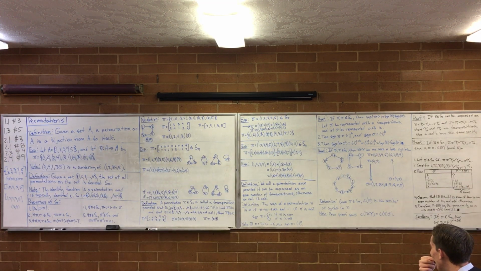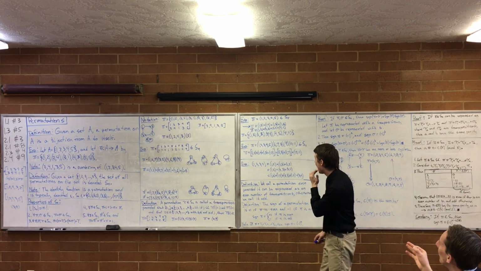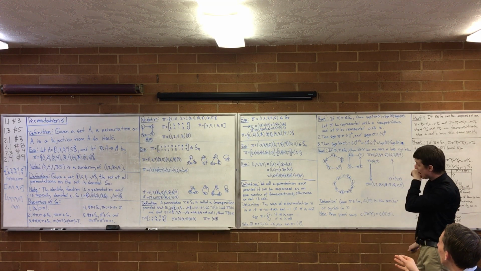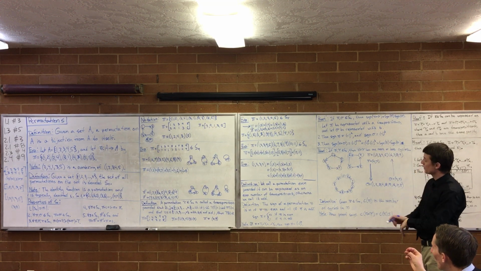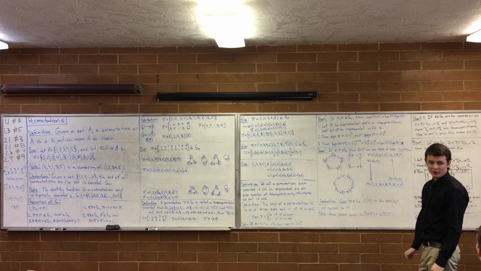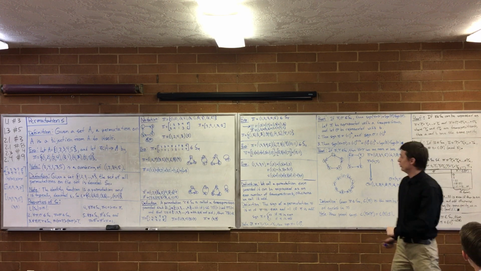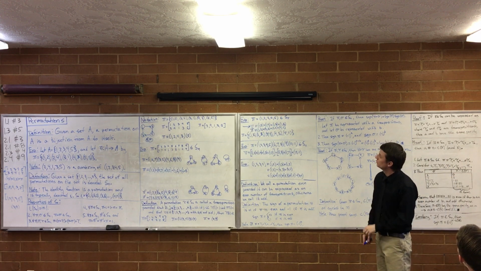I feel like I know the trick works, but I don't know why. I know when you plug it in, it works, but that's it. The way I like to think about it is swaps.